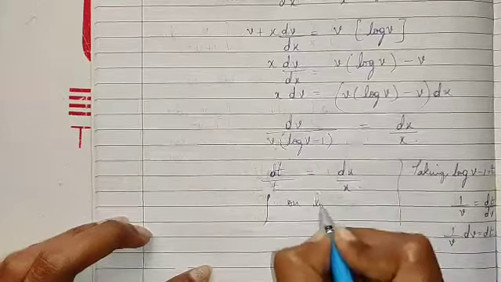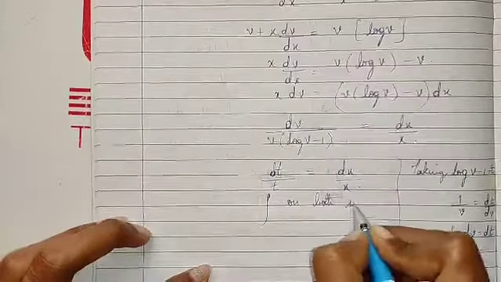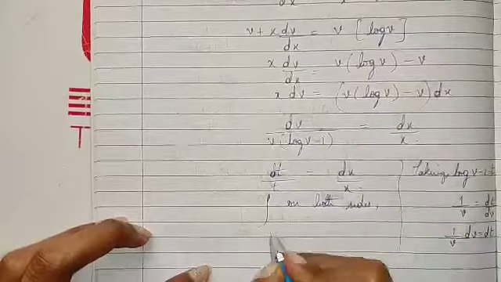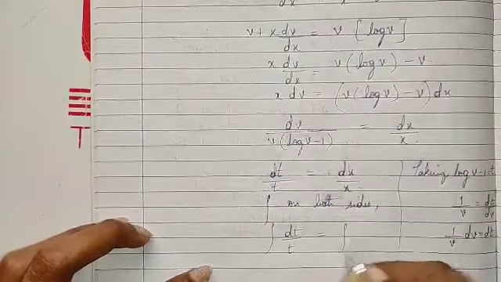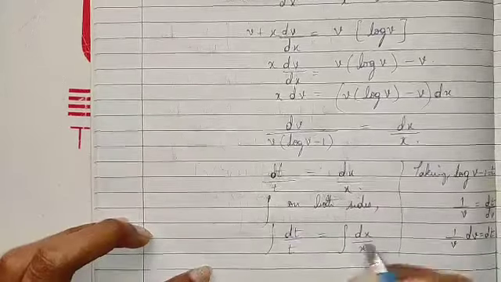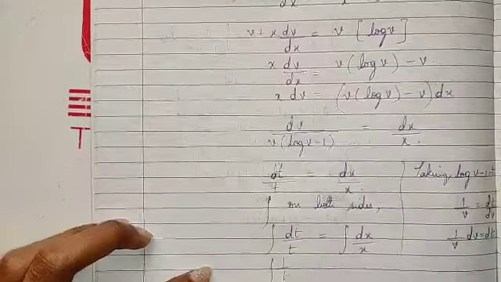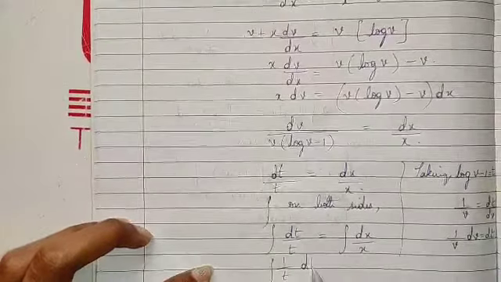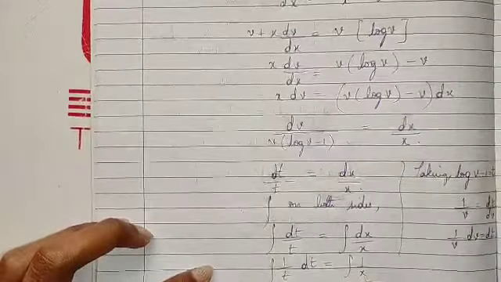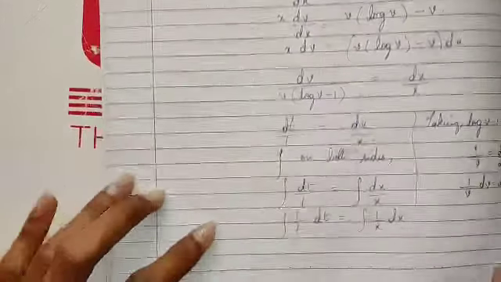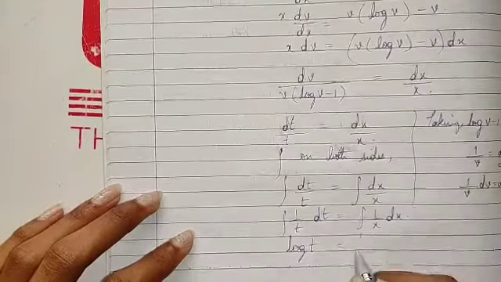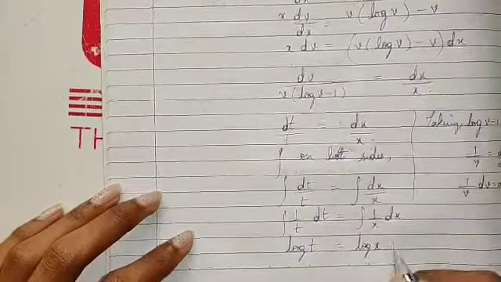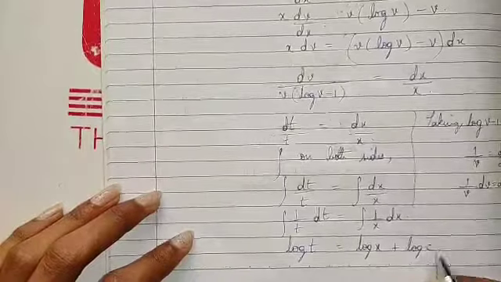Integrating on both sides, what do I get? I'll have integral of dt by t is equal to integral of dx by x. This is nothing but integral of 1 by t dt is equal to integral of 1 by x dx, right? So now what is this? Log t is equal to log x plus log c, right?